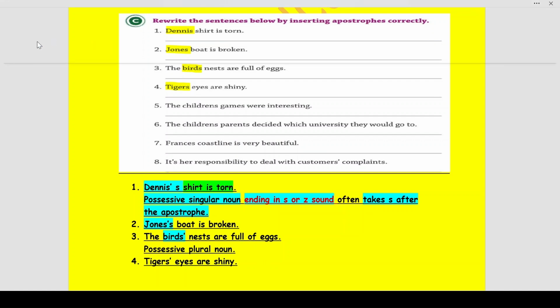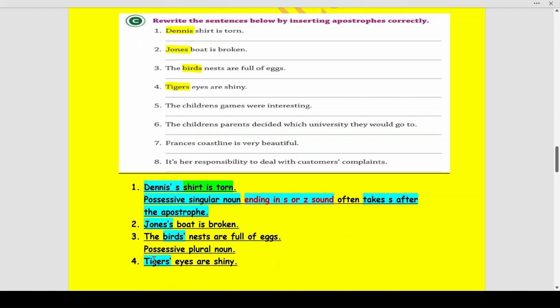Did you get it, students? How to approach this? Tigers apostrophe, because tigers is the plural noun. To make it a possessive noun, we will just add an apostrophe after it. Why?